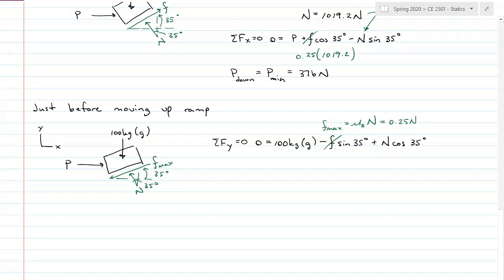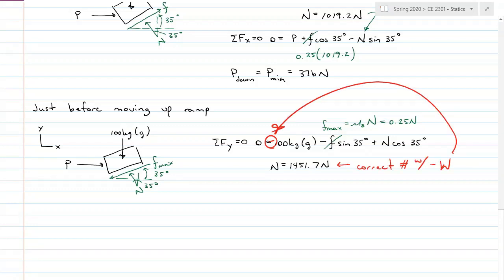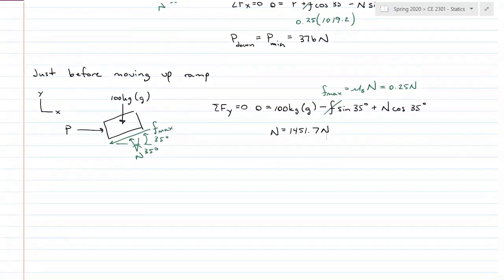Solving for that normal force, I get 1,451.7 newtons. Okay. Larger normal force because we're pushing on it more to start scooting it up because that friction is acting against us. And then I sum forces in the x direction.